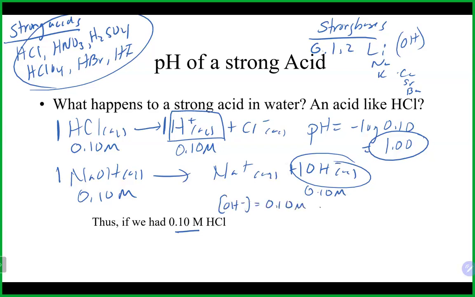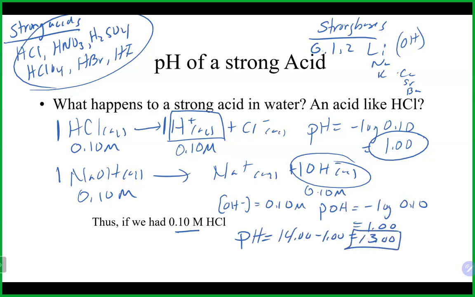That would allow us to get not the pH, but the pOH, minus the log of 0.1, giving us a pOH of 1, which definitely is not basic, but if you thought that was a pH. But the pH here, 14 minus 1, would give us a pH of 13, which is definitely basic. In this particular case, if you thought the pOH was the pH, it obviously wouldn't be basic. So we could also do this type of thing as well.